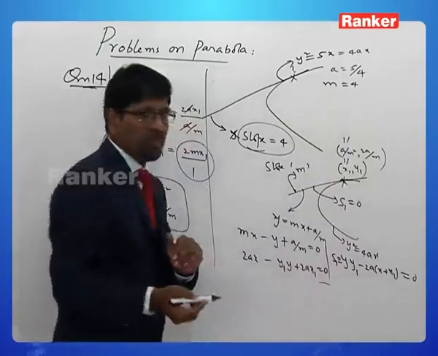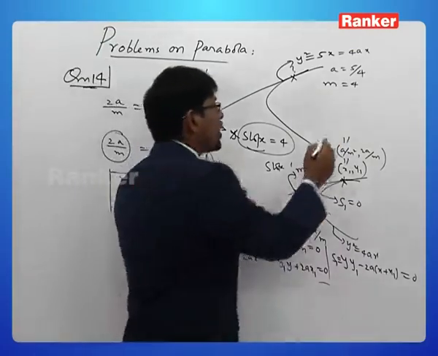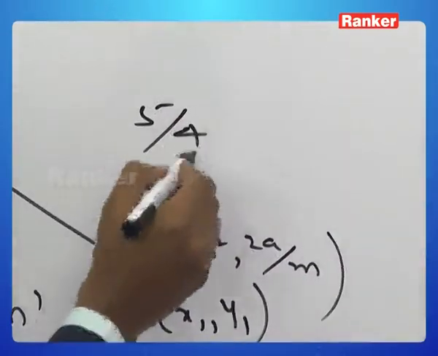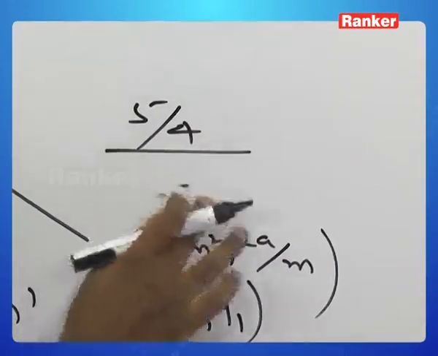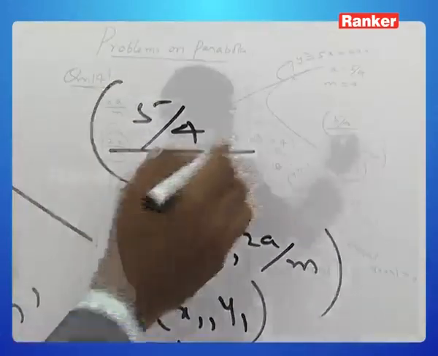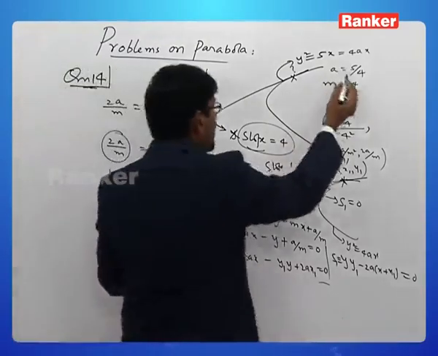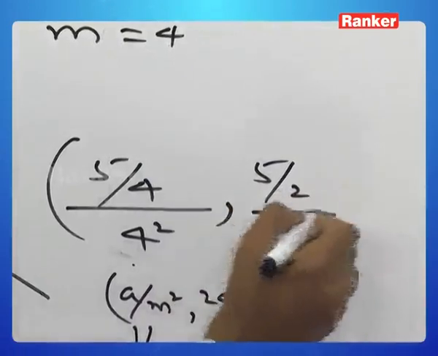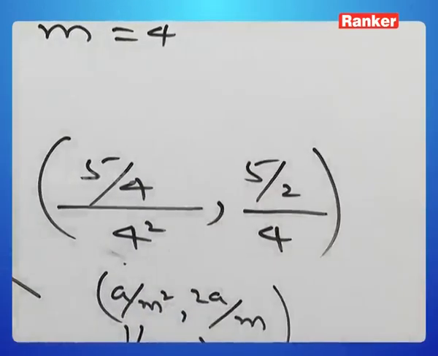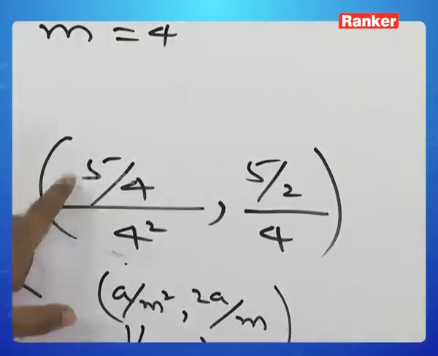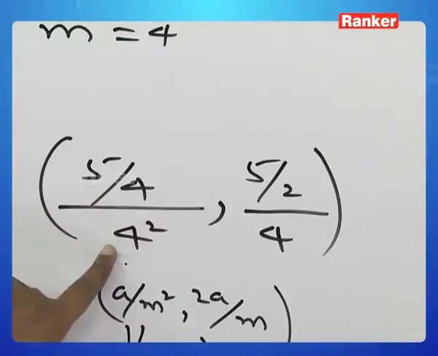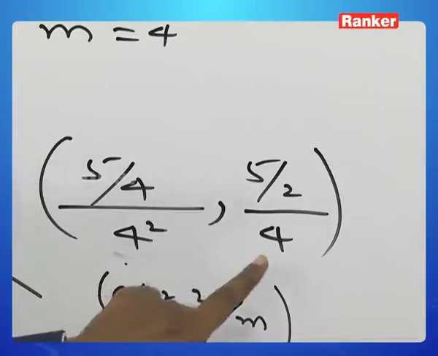Substituting in this formula, what is a by m square? 5 by 4 divided by 4 square, comma 2a by m. So what is 2a by m? 2a is 5 by 2, divided by m, that is 4. So what does it make it? 5 by 16 into 4, 64, comma 5 by 8.